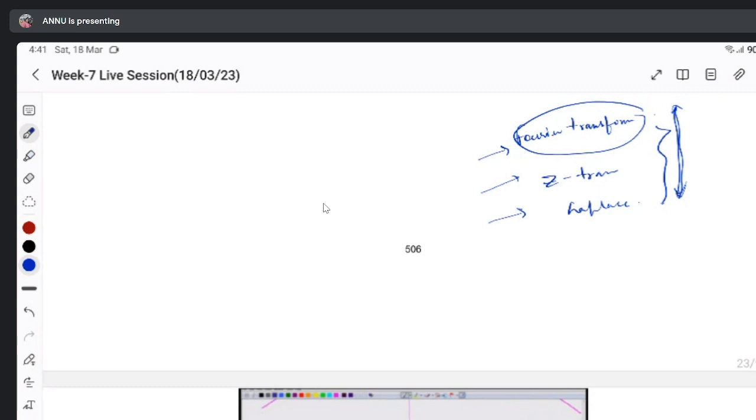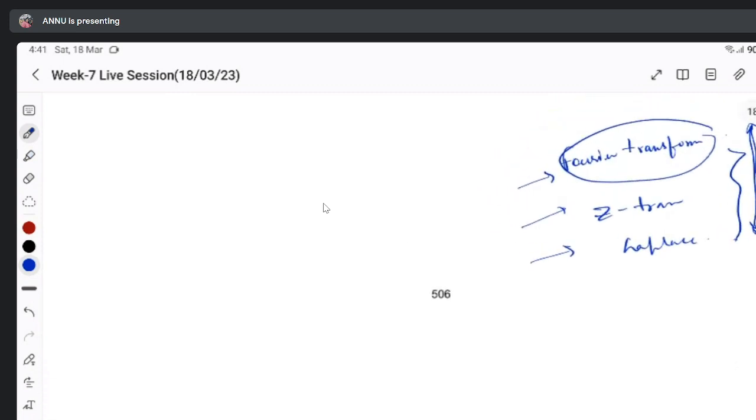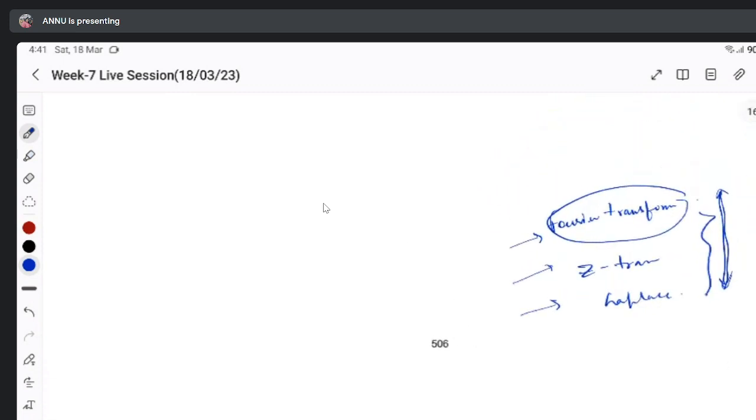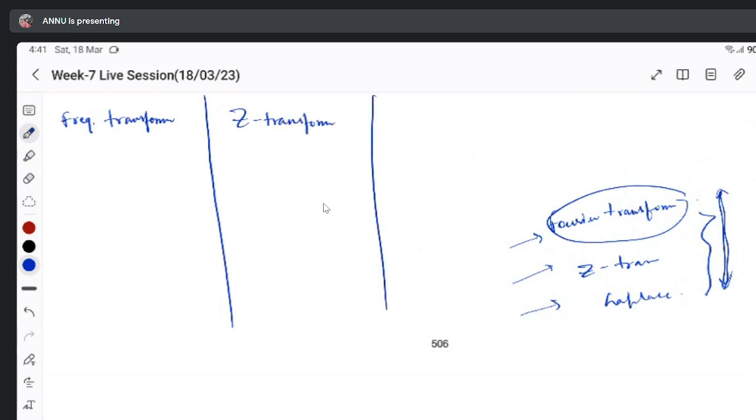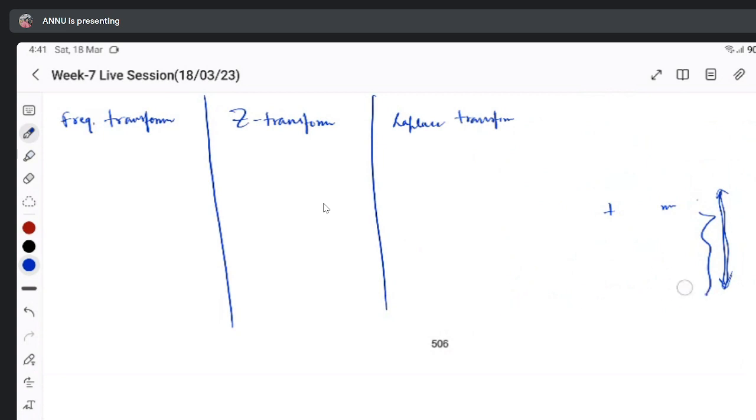See, the Fourier transform basically gives a frequency representation of the signal in the time domain. It says what frequencies are present in the time domain signal. The Laplace transform is actually a generalization of the frequency transform, wherein we introduce the term not just j omega, but sigma plus j omega.